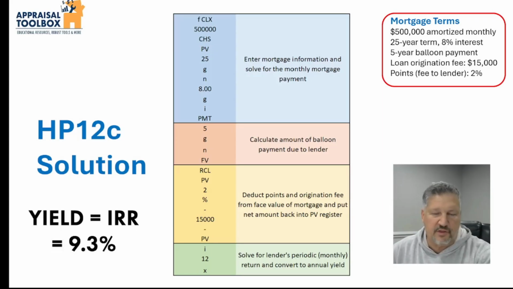So you can see that even though the lender was charging the borrower an 8% interest rate for the mortgage, after the fees were paid, which include what? The origination fee and the points, and after the early payoff of the mortgage, the 5-year balloon period payment was made, the return or the yield that the lender actually received was 9.3% on this investment.